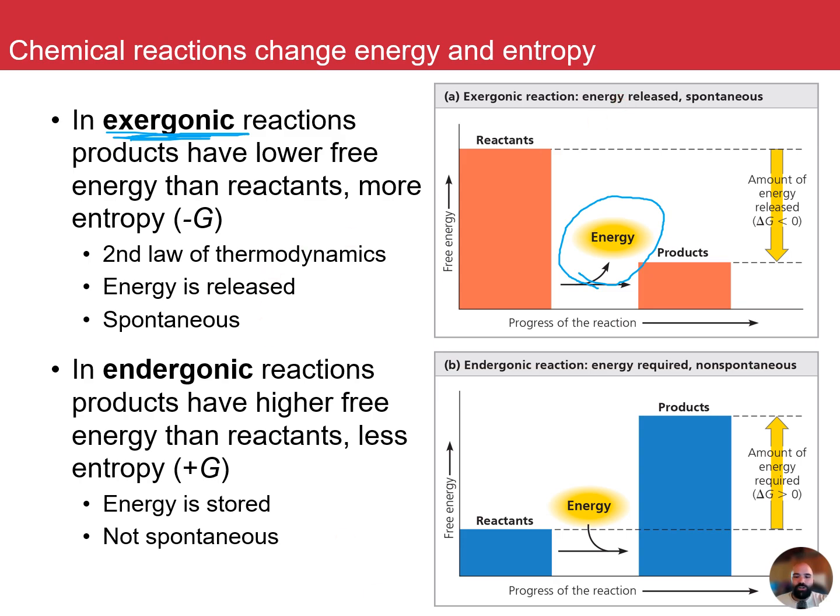In an endergonic reaction, we have the exact opposite. The reactants have lower potential energy than the products, and so delta G is positive. These sorts of reactions are not going to release energy, but instead will require an input of energy.